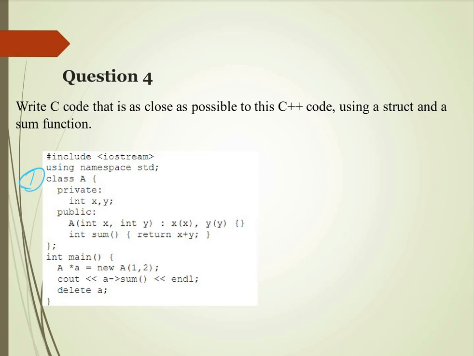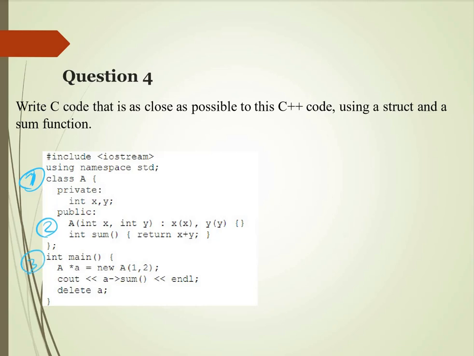So first of all, this class needs to be converted. The second, the sum function cannot work like that, because if we want to convert this class to the struct, we need to pass the struct type. So the second difference will be the sum function and how we pass the argument.